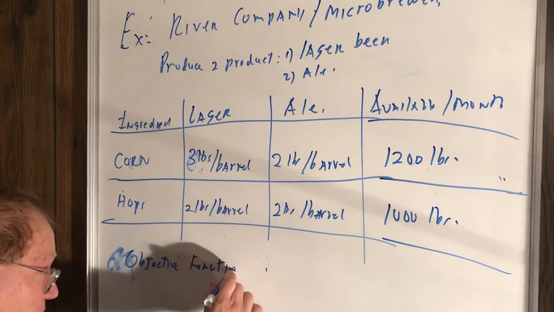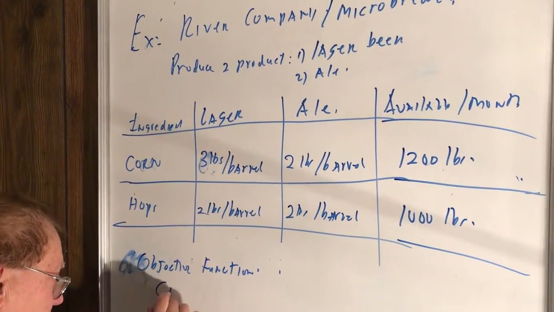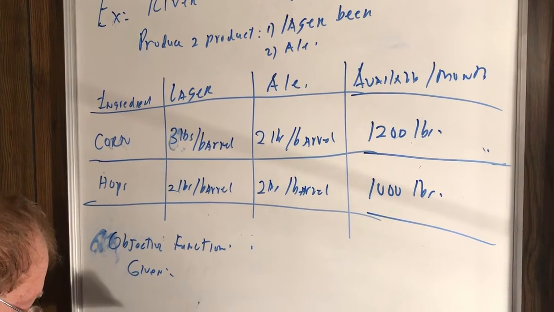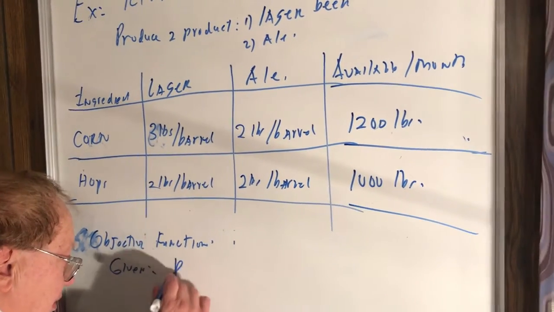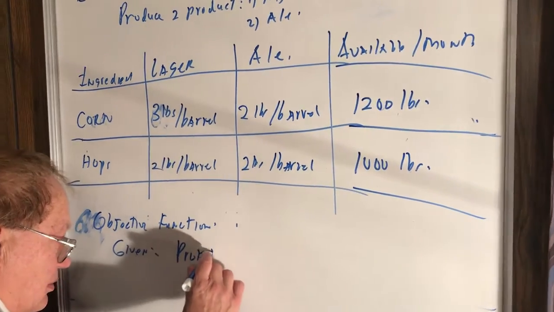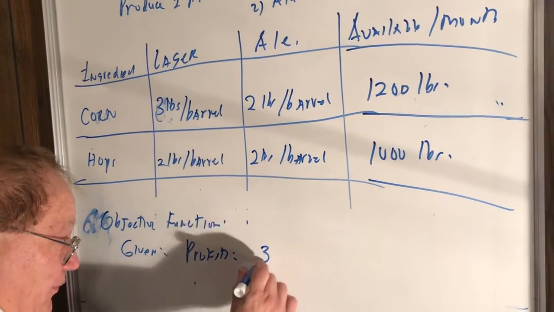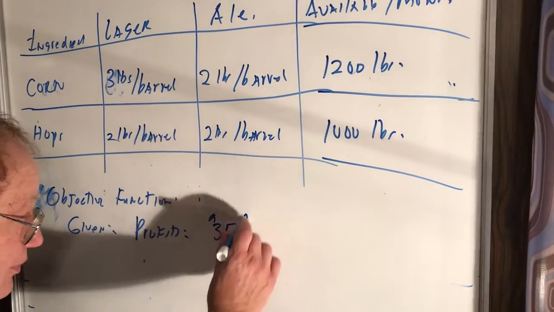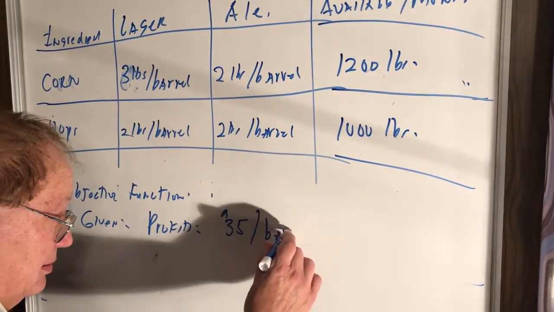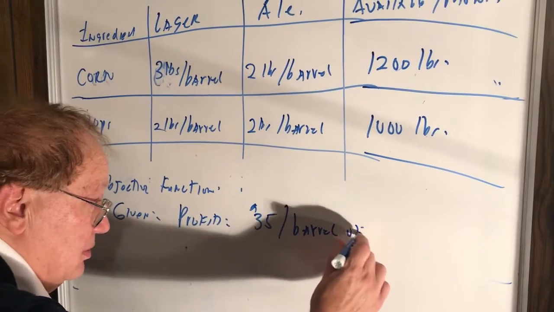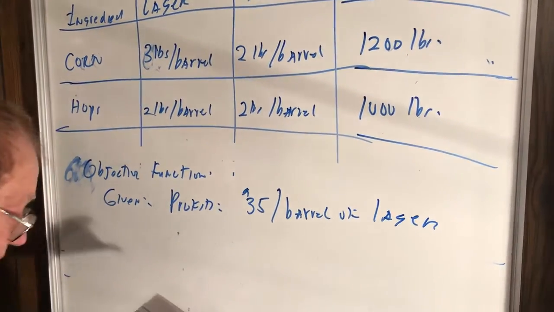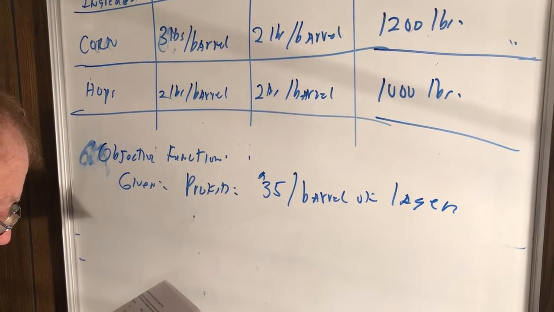What is given is that profits are $35 per barrel of lager and $30 per barrel of ale.